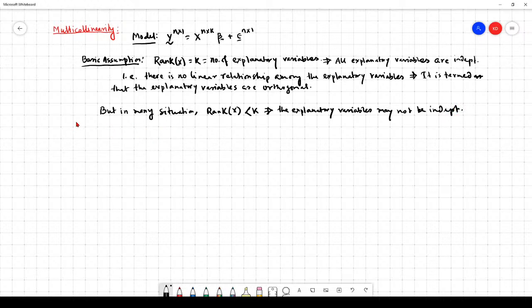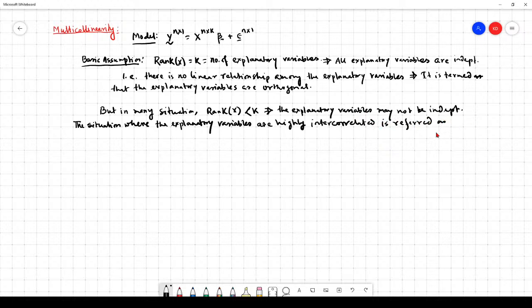The situation where the explanatory variables are highly intercorrelated is referred to as multicollinearity.